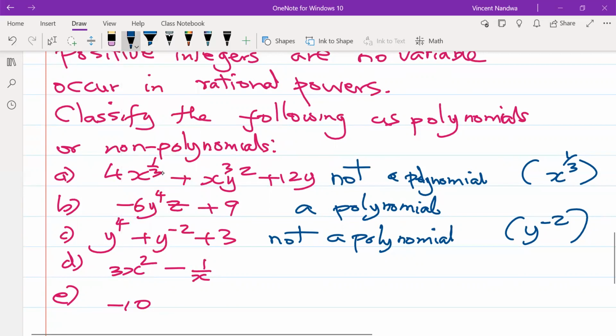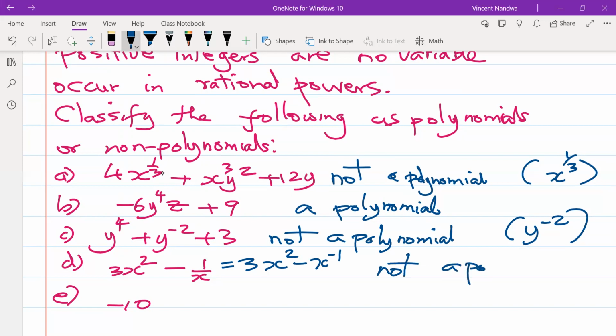This can be written as 3x squared minus x power minus 1. No, it's not. So this is not a polynomial because of the presence of the term 1 over x. And remember, in all polynomials, we don't have rational denominators. Is this a polynomial or not a polynomial?